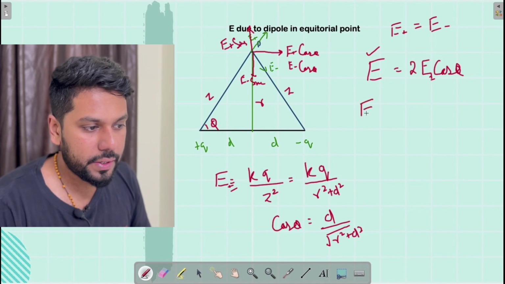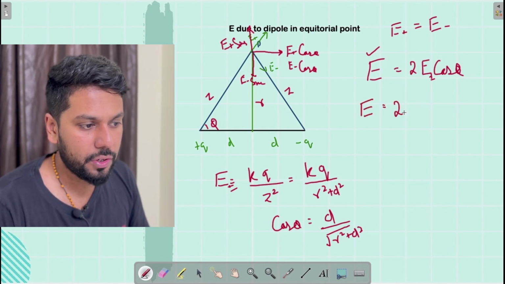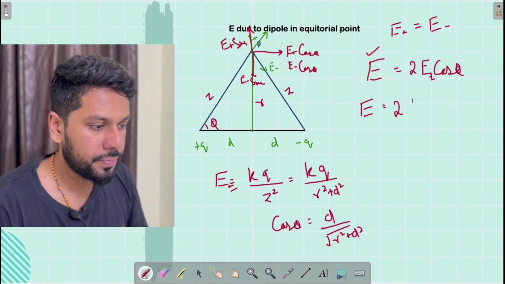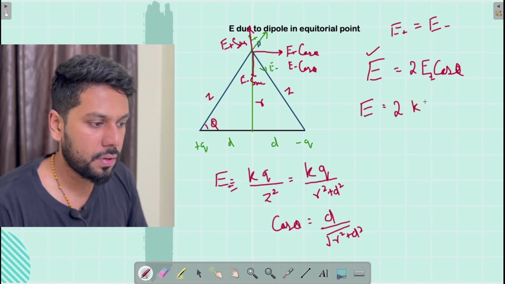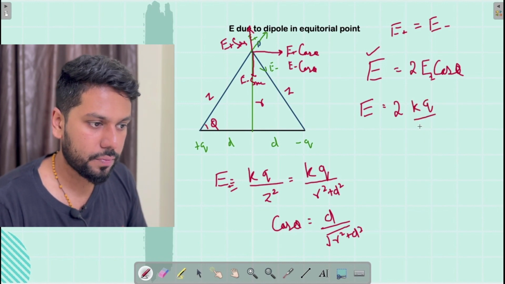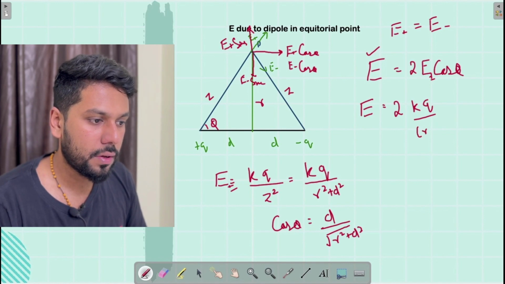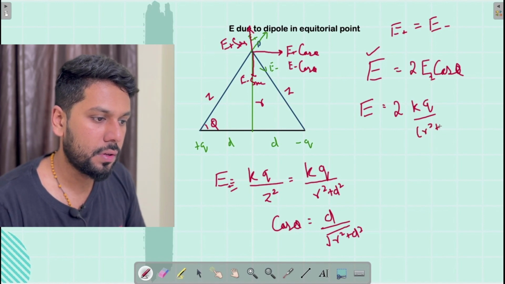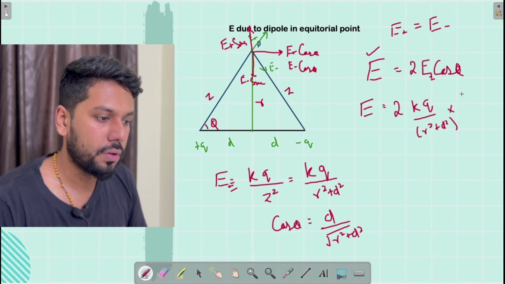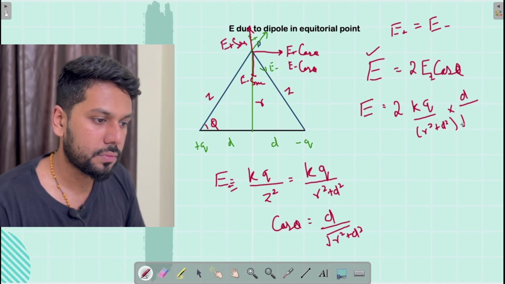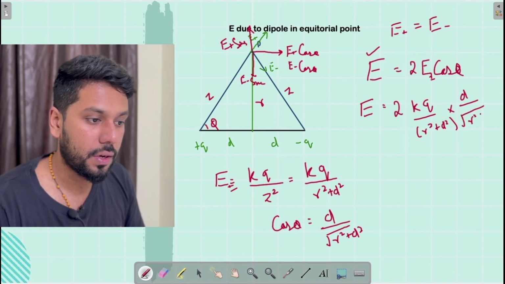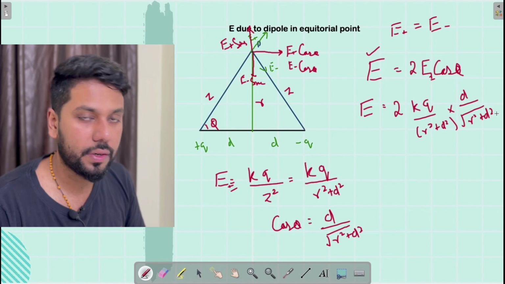So my total electric field, students, here is going to be 2K into Q by R square plus D square into D divided by root of R square plus D square.